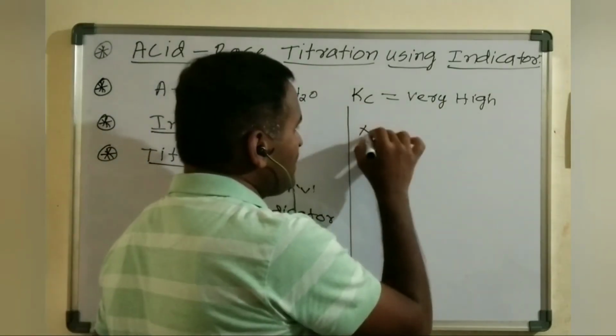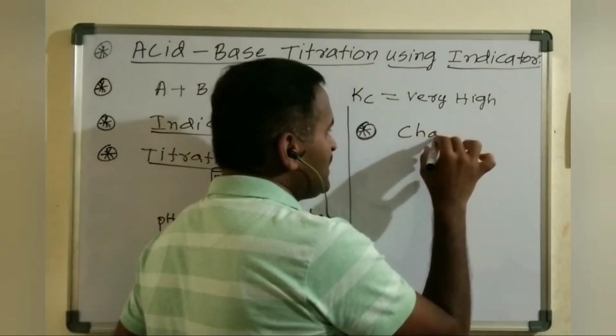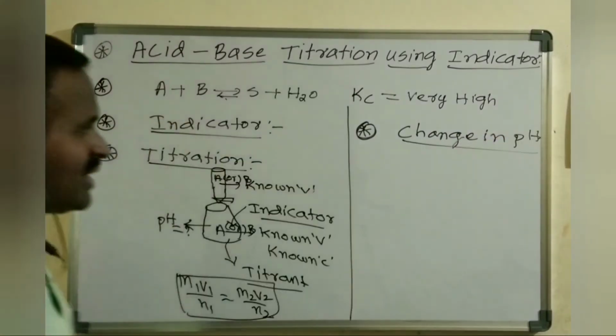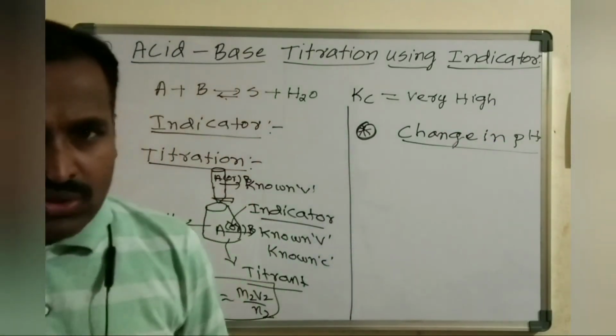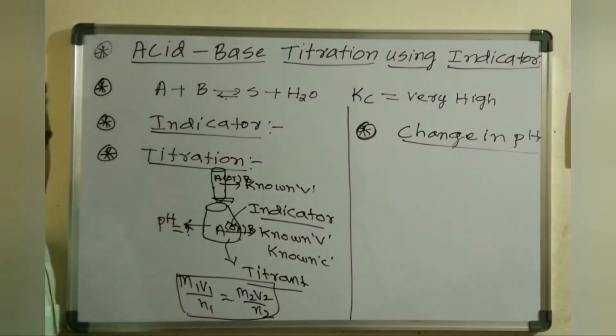Selection of an indicator plays an important role. This selection of indicator is purely based on the pH change of the indicator, and based on that pH change only we need to select the indicator. Most indicators are weak acids or weak bases.